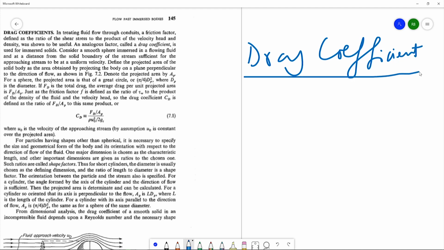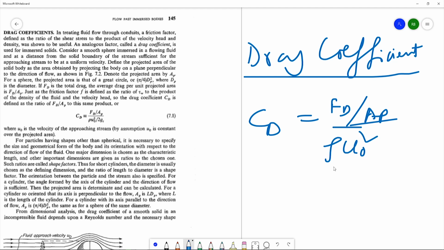It is defined as CD = FD by AP, rho U square by 2G. You ignore the GC part; this is just a conversion factor. So this is the drag coefficient.